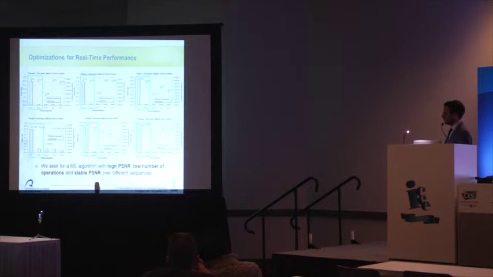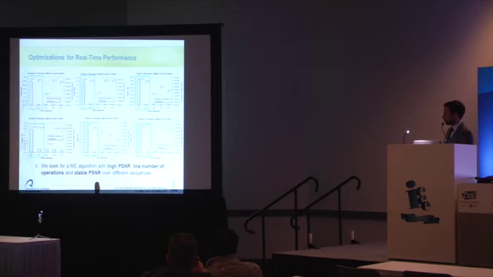As you can see here, the PSNR of full search and new 3 steps search are very similar, but the number of operations of the full search are a lot if we compare with the new 3 steps for different sequences.